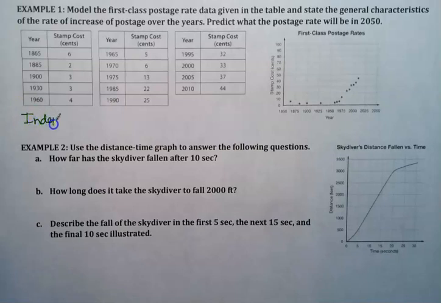Independent is the year, right? Because it's on our x-axis. So our dependent element here is what? It should be vertical. So that is the stamp cost.